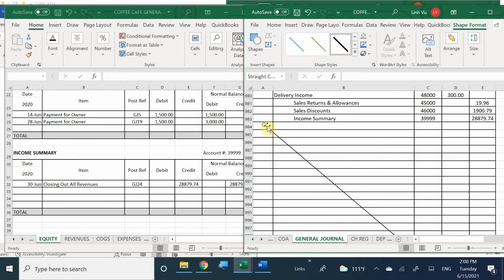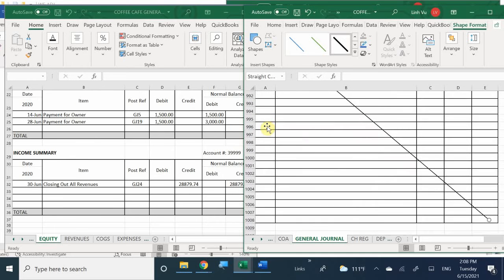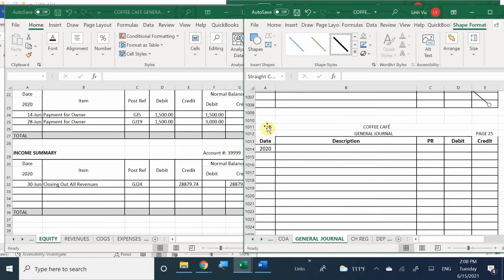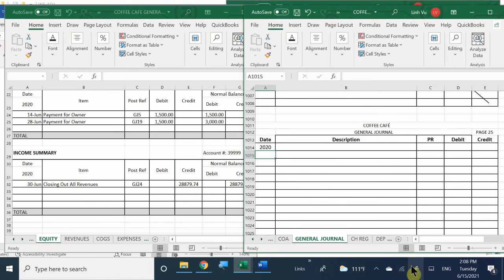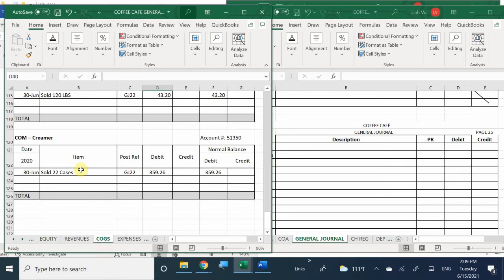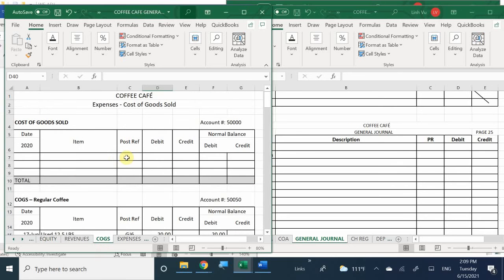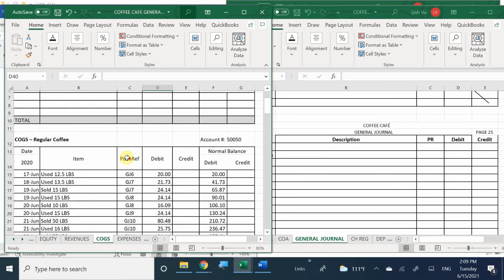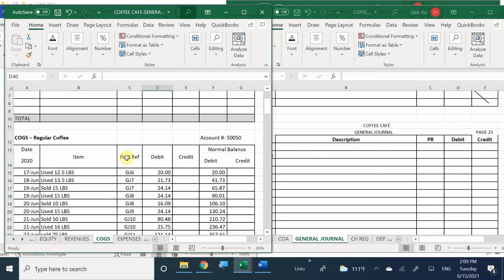Okay. So in this case, we're going to be closing out all of our expenses to the income summary, right? When we understand how the expenses are normally journalized, they're normally journalized with what kind of account balance?